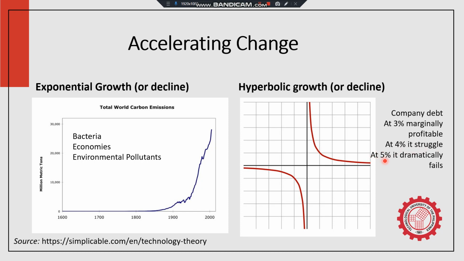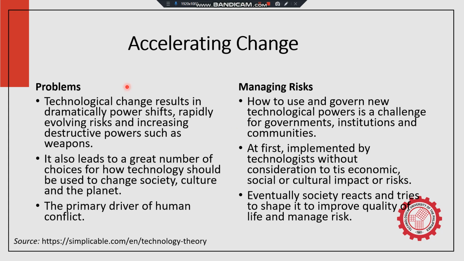And if the rate of its debt is at 5%, it will dramatically fail already. So that's for hyperbolic growth.